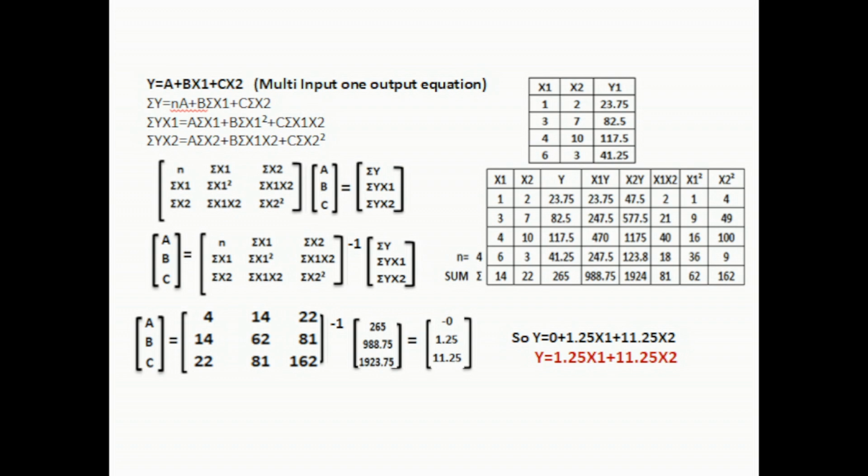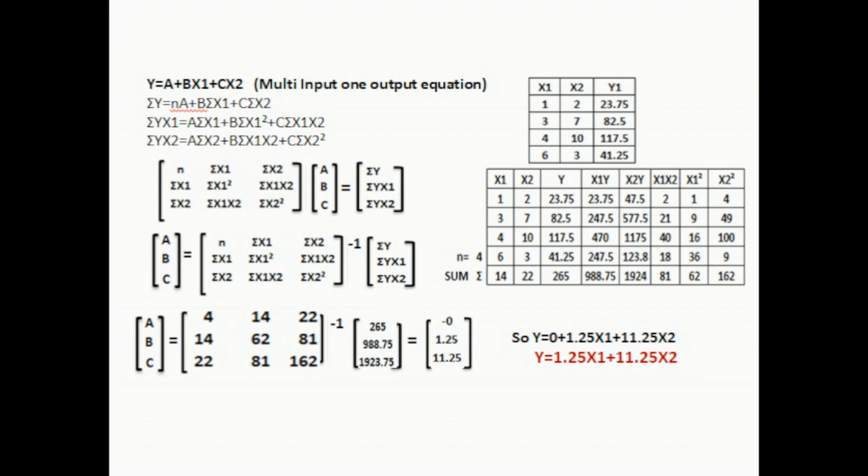If x1 is equal to 6, x2 is equal to 3, y1 is equal to 41.25. We have to find out A, B, C of the equations. How to find out? We have to find the summations, sigmas. Sigma y equal to n into A plus B into sigma x1 plus C into sigma x2.